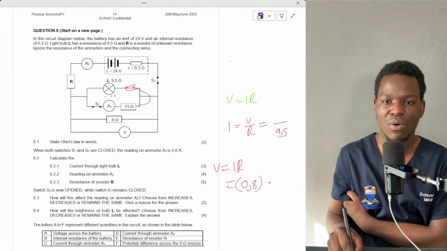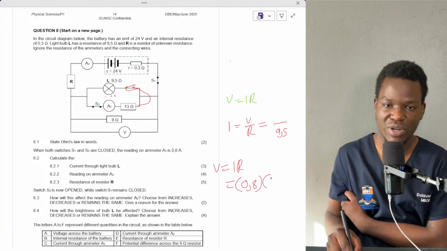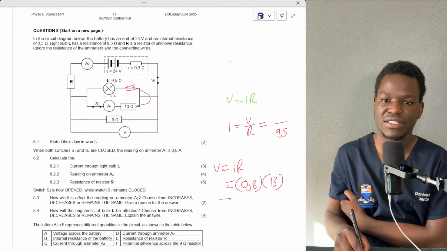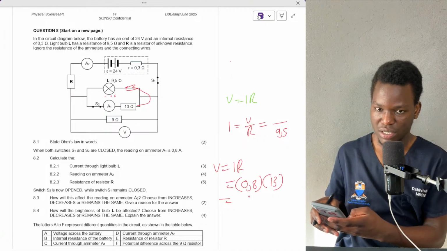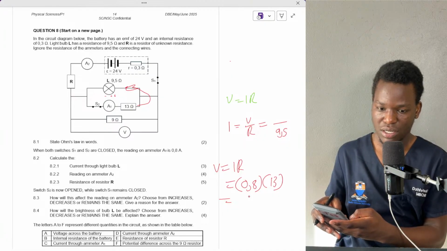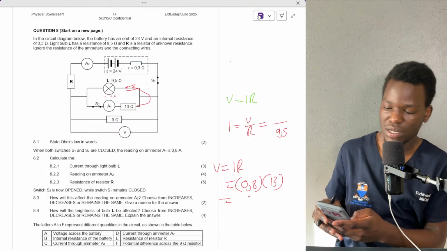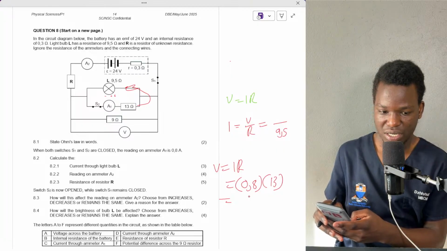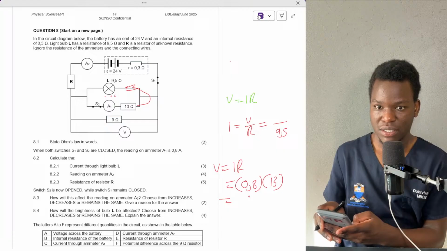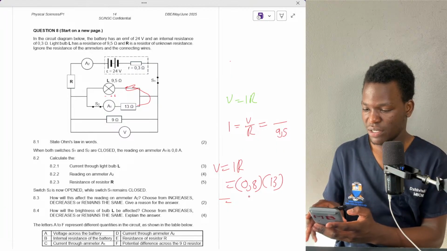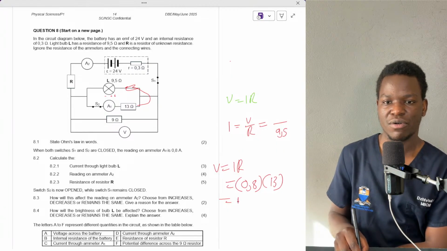And then what is the resistance of that one here? It is 13. Just substitute: 13 times 0.8 is 10.4.